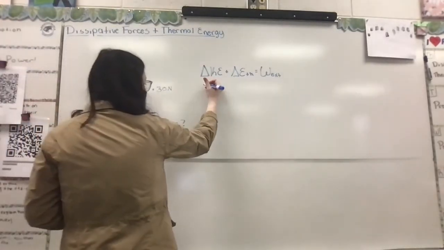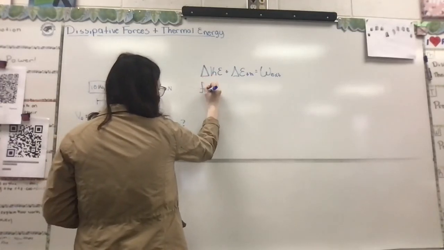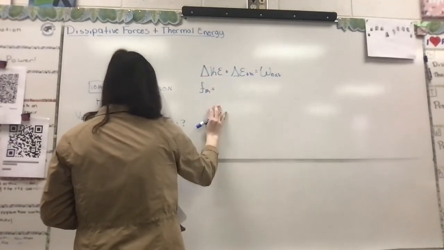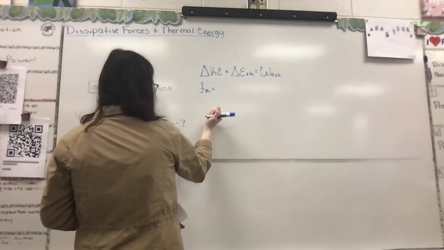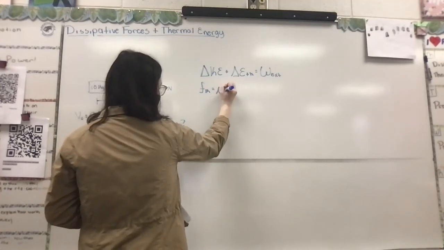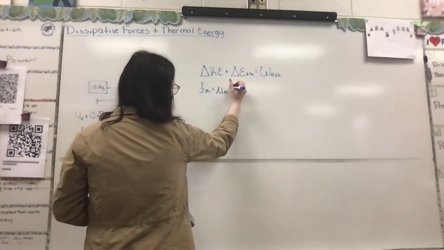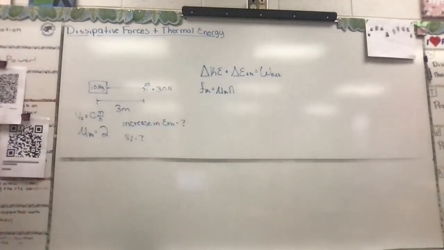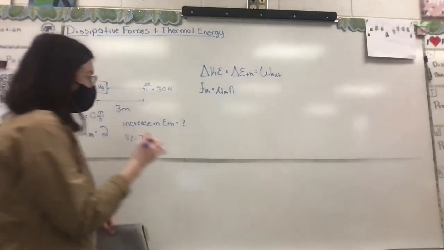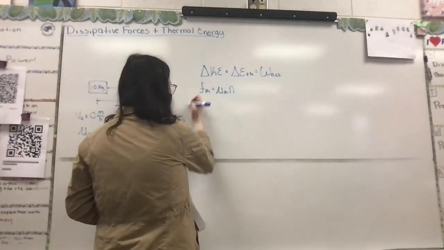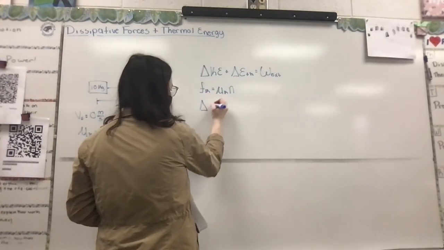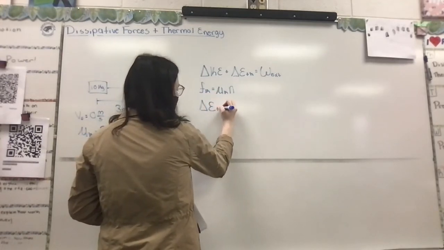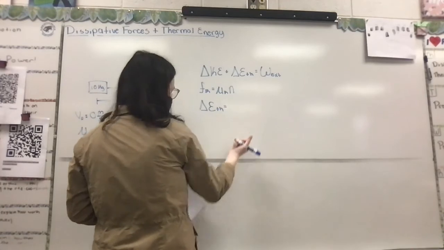Before we get there, though, we should remind ourselves of what friction is equal to. It's mu times the normal force. So it's the coefficient of kinetic friction times our normal force, okay? And like Ian was just saying, we know that the change in thermal energy is equal to what times what?